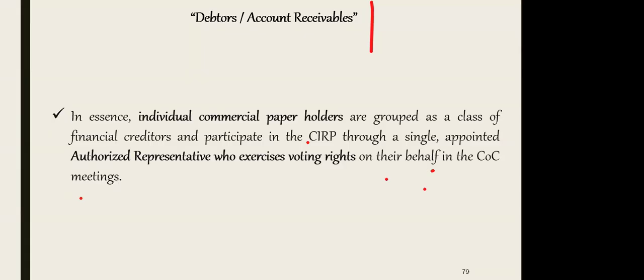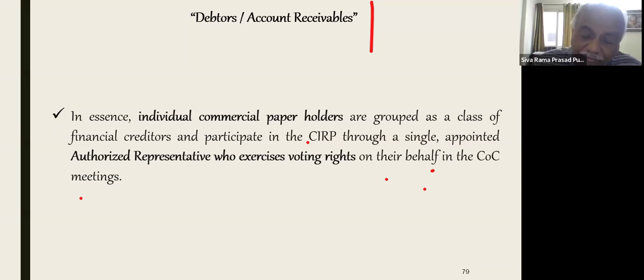Okay. Madam, here also, each and every commercial paper holder has a voting right percentage. Suppose one bank has given 1 crore, 2 crores rupees. But that bank's voting rate is 40% for 2 crores.